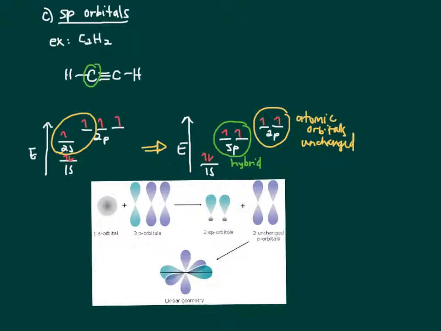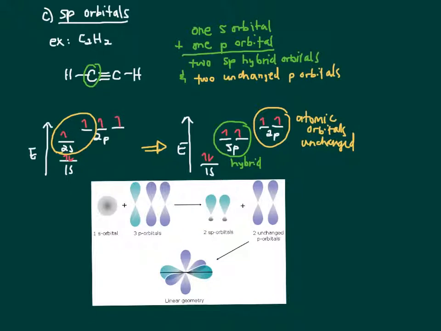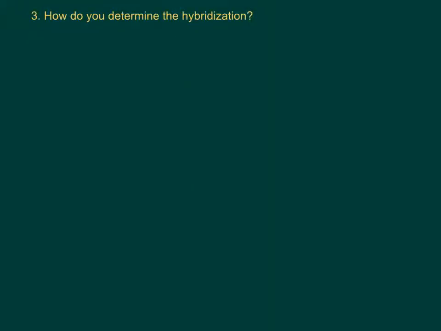Let's review very briefly. For sp hybridization, 1 s and 1 p combine to form 2 sp orbitals, and then you're left with 2 unchanged p orbitals. So how do you tell what sort of hybridization you have around your central atom?